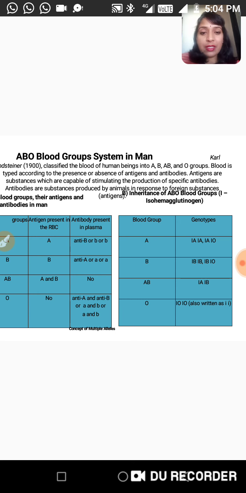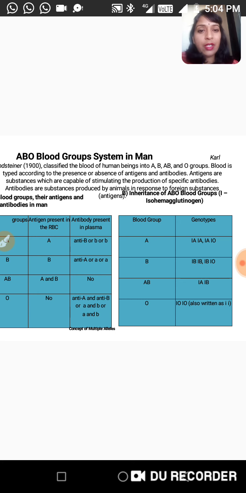Now the question arises. Antigens are the substances which are capable of stimulating the production of specific antibodies. Sometimes an antigen can be treated as a foreign substance, because when it enters your body, it triggers the synthesis of antibodies.